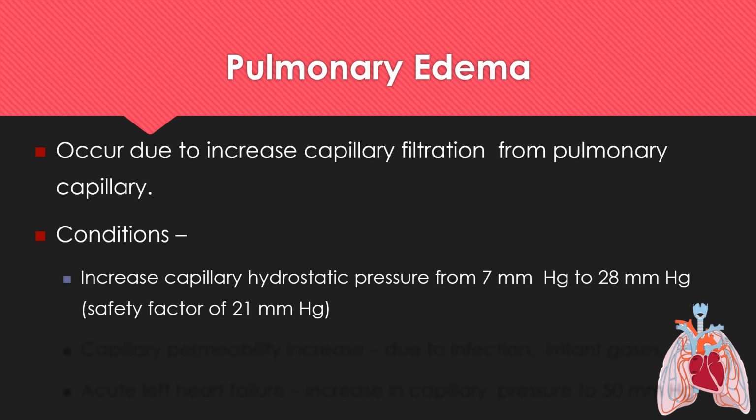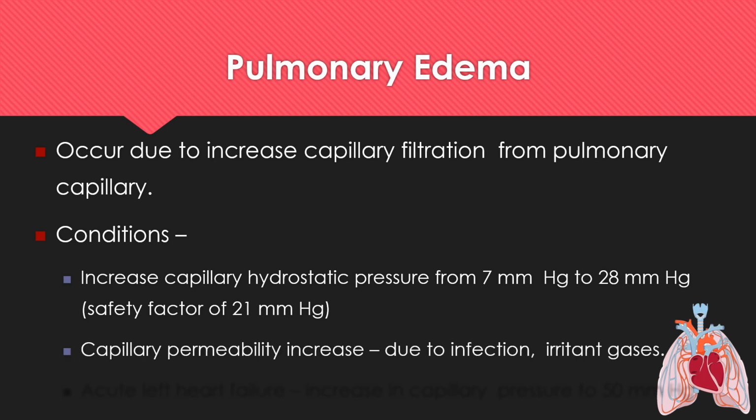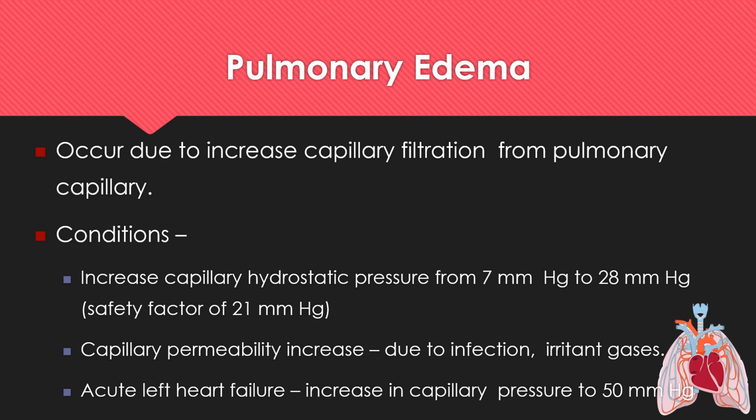So we have the safety factor of 21 millimeter of mercury. Or the capillary permeability increases, which can happen due to any infection or any irritant gas. Acute left heart failure can increase the capillary pressure to 50 millimeter of mercury.